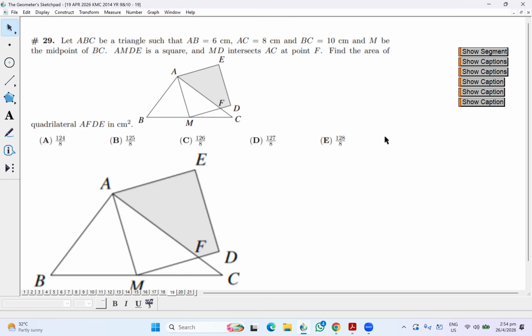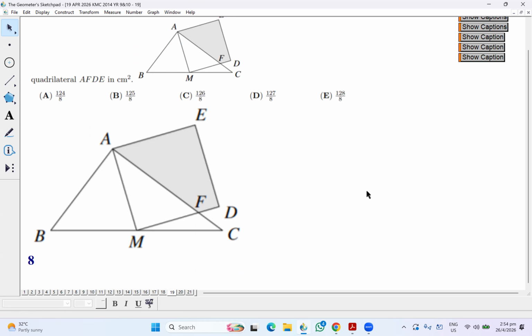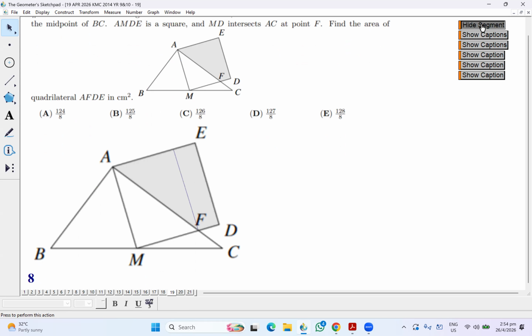So I draw a bigger diagram. Draw this line first, then label. The triangle has here 10, 6.